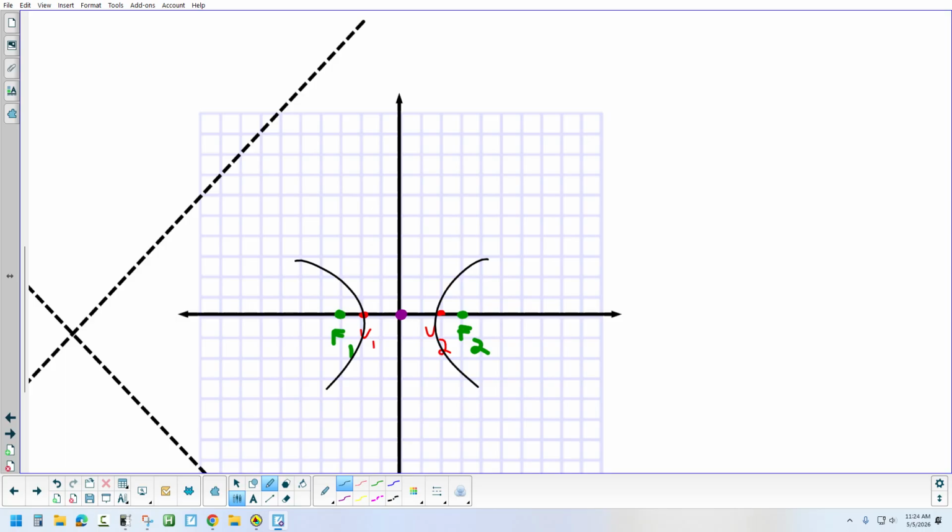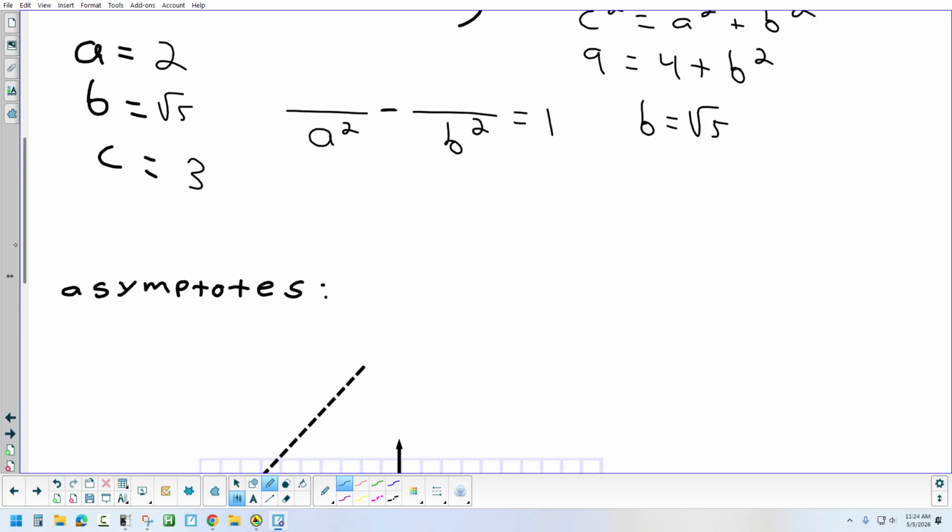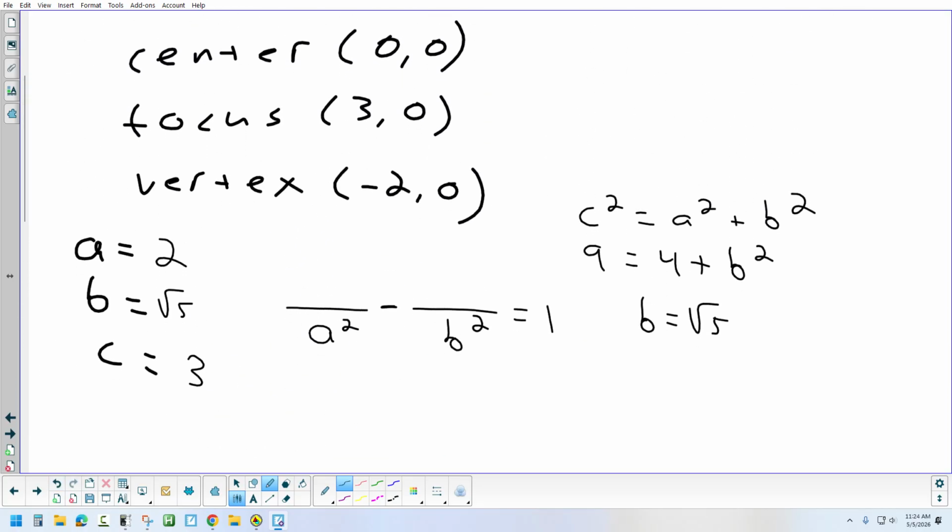Which way does the transverse axis go? Yeah. Horizontal. Remember, it's going to traverse. It's going to go across the branches. So it's going to be horizontal. All right. So if it's horizontal, what letter represents horizontal on a graph?